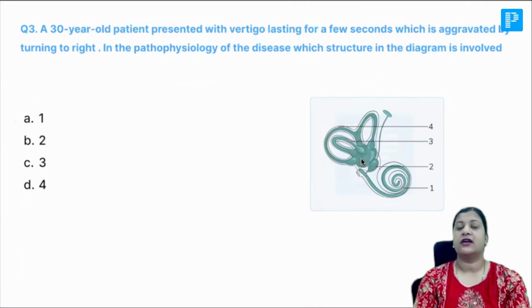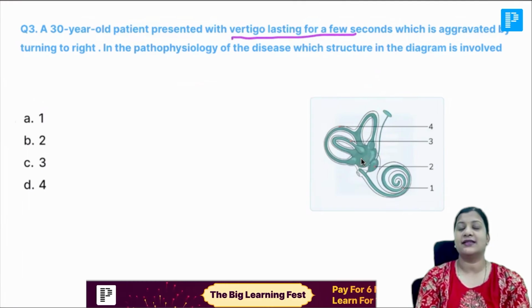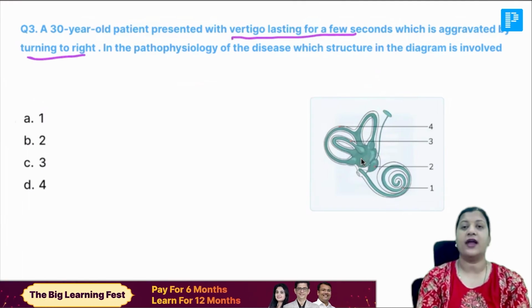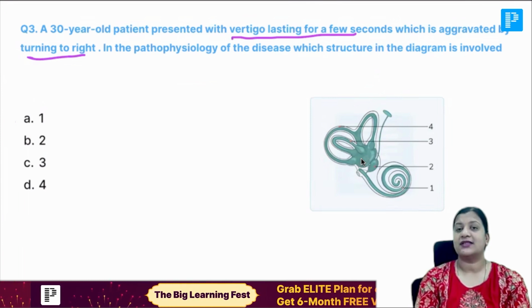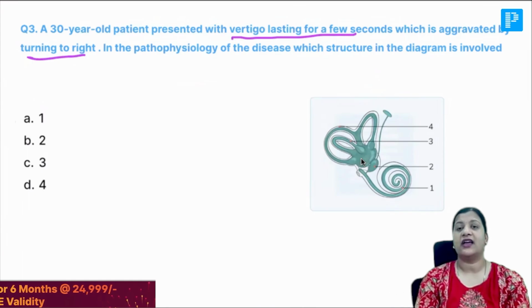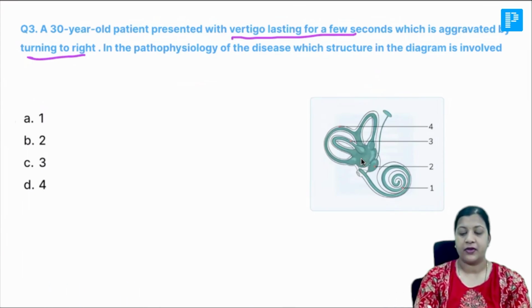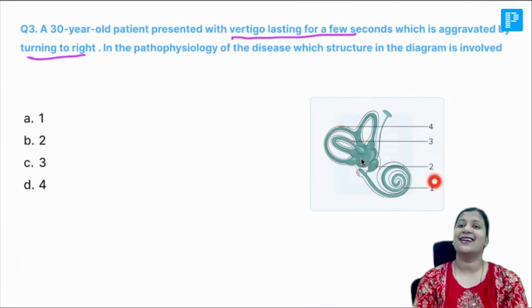We have a 30-year-old patient who presented with vertigo lasting for a few seconds, and this is aggravated by turning to the right side. In the pathophysiology of the disease, which structure in the diagram is involved? They have labeled something as 1, 2, 3, and 4. To understand which structure is involved, first you have to infer the diagnosis.